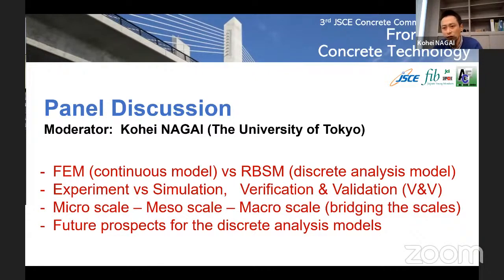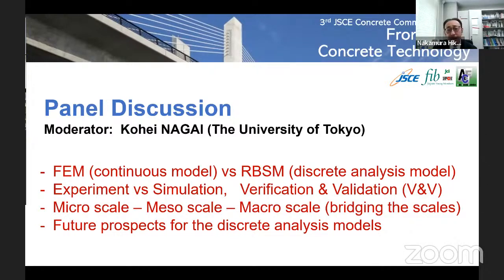When can we say that this simulation is good enough when you compare with the experiment? You show the cracking patterns in the experiment as well, so how much can you compare with simulation now? For example, you show the beam test, shear failure, and the cracking pattern using DIC. How accurately can you simulate now, or when can you say it's good enough?